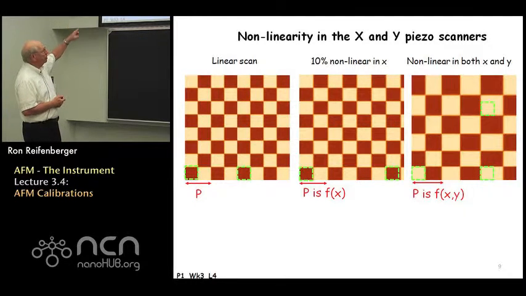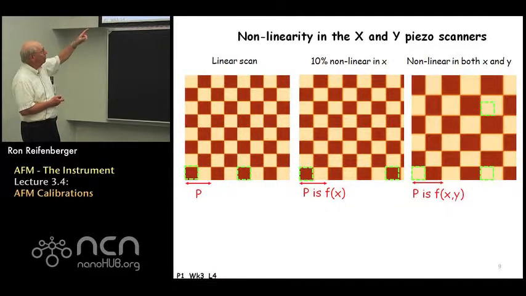So in this particular case, I show the result that you would get if your X and Y scanners are linear over the region that you scan. If they're linear, then the size of the features observed anywhere in the image should be identical one with respect to another. If you've got a nonlinearity in one direction, let's say in the X direction, then the size of the features that you measure are going to depend on where that feature is in your image.